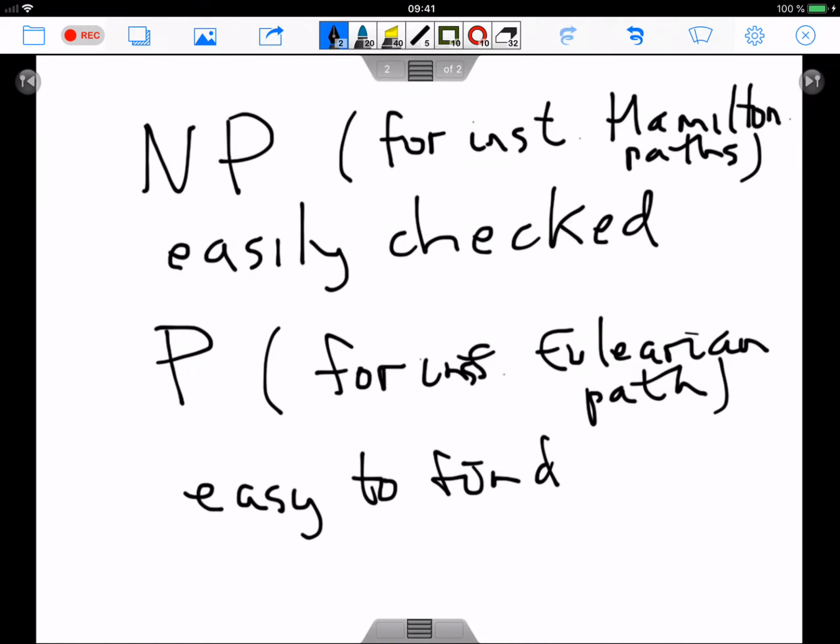And the name P and NP comes from P is polynomial time. These are problems whose solutions can be found with an algorithm in a time that grows as a polynomial in the size of the input, while NP are problems that can be solved in polynomial time, but in a non-deterministic machine.